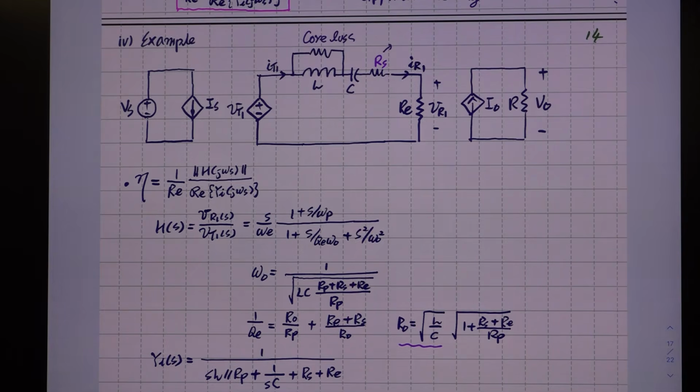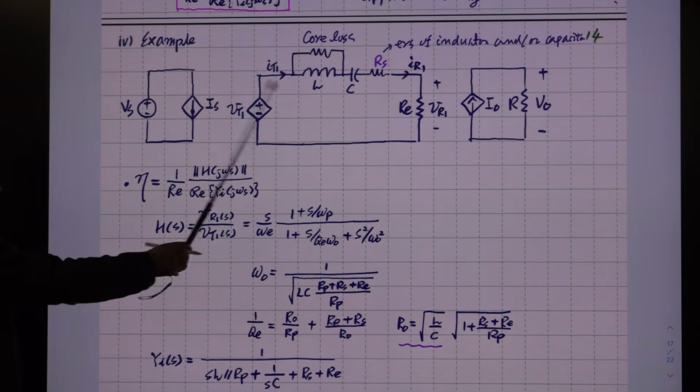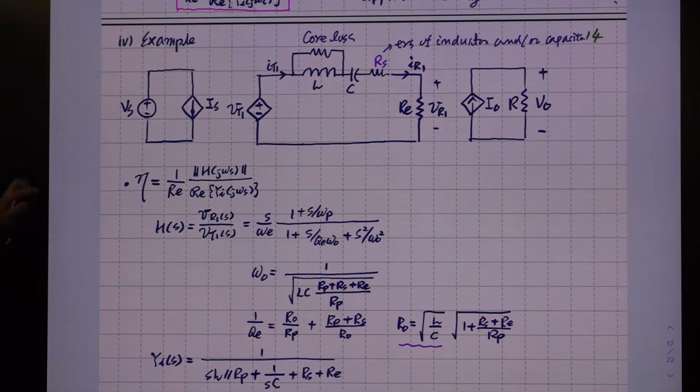And RS is the ESR of the inductor and capacitor. So this resonant tank circuit is practical. If you know this exactly, then it will provide a good approximation to the efficiency of your converter.